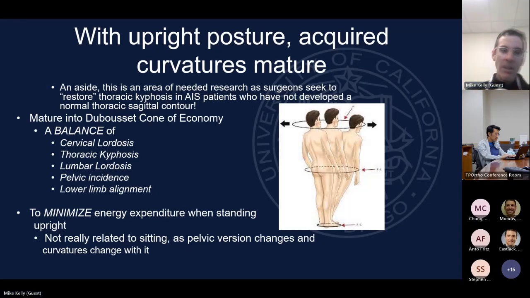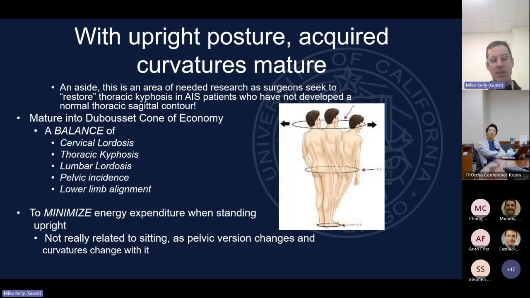And as we grow and mature our sagittal plane curvatures, we mature into what Dubousset called the cone of economy, right? Which is an upright posture, extended hips and knees, your head over your hips and knees, where you are not doing work. You are minimizing energy expenditure and could theoretically stand upright for quite some time.